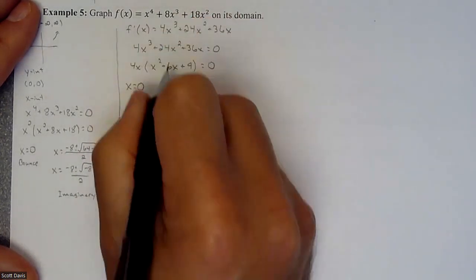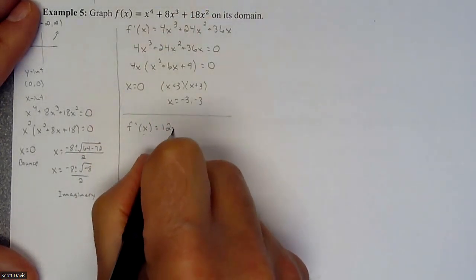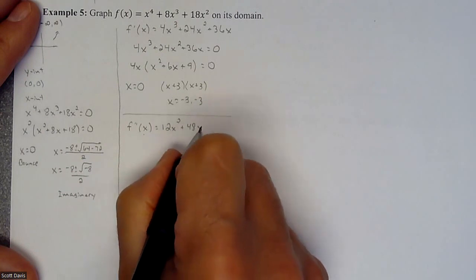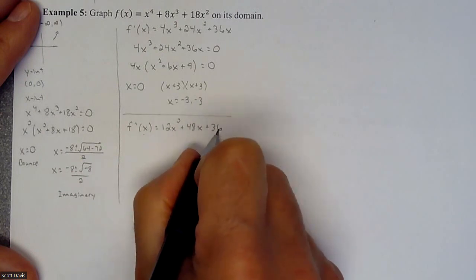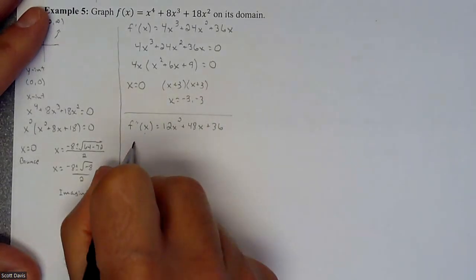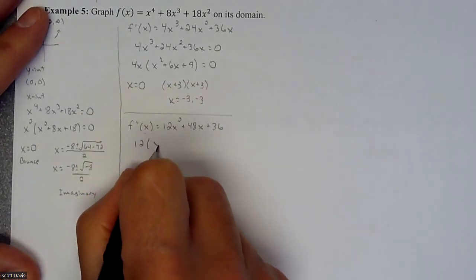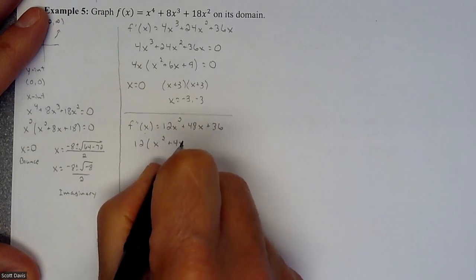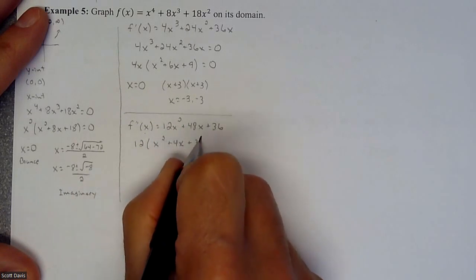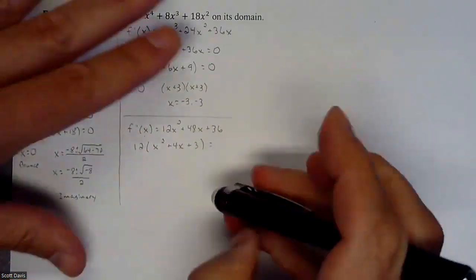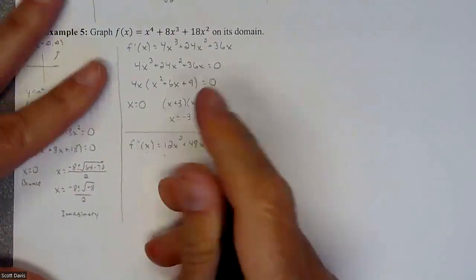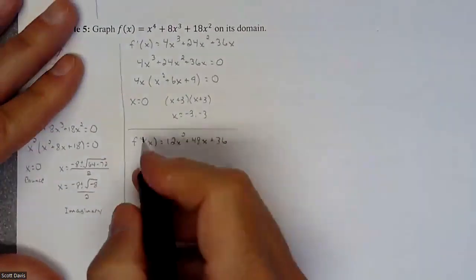So if we do the second derivative, we're looking at 12x squared plus 48x plus 36. We can take 12 out of that. So x squared plus 4x plus 3. Right, let's set it equal to 0 first, and then we'll factor it.